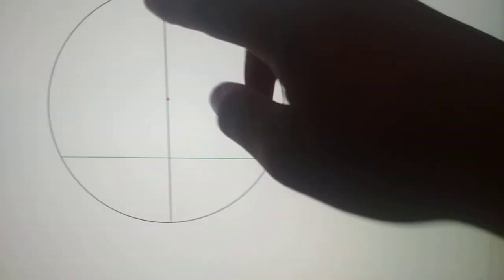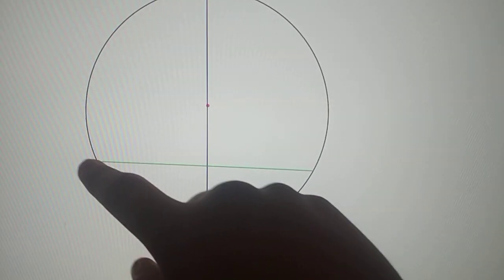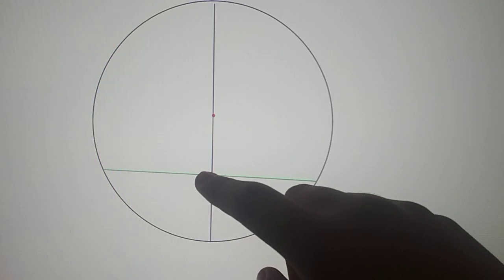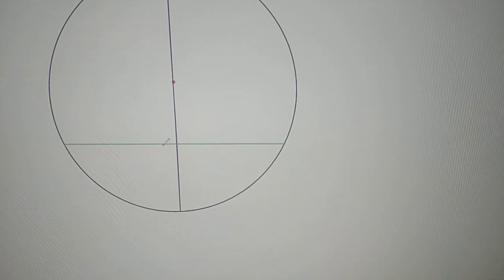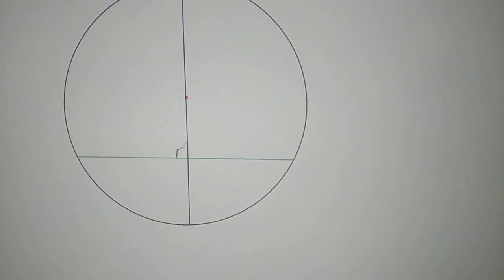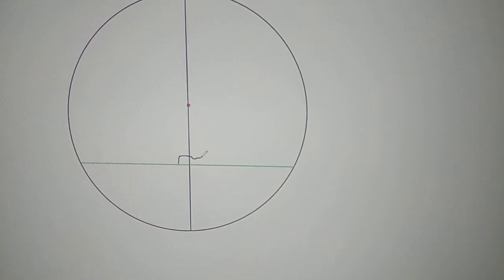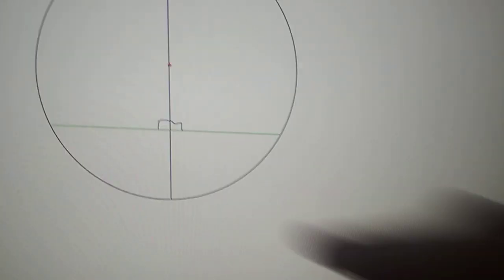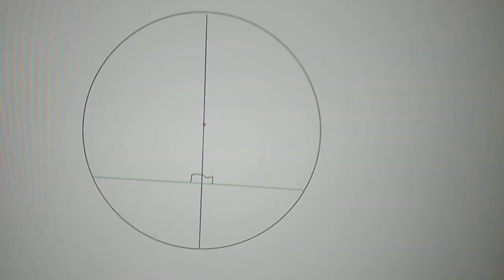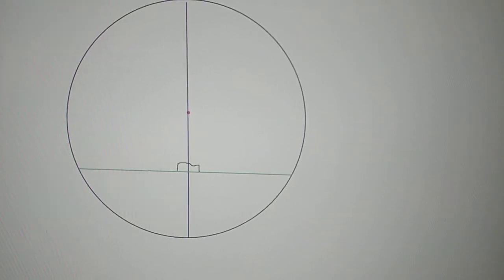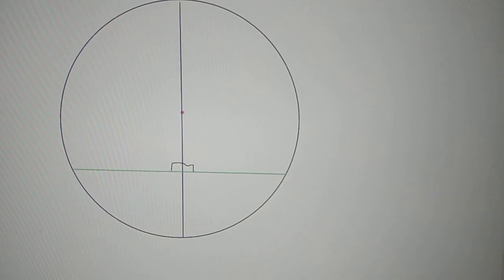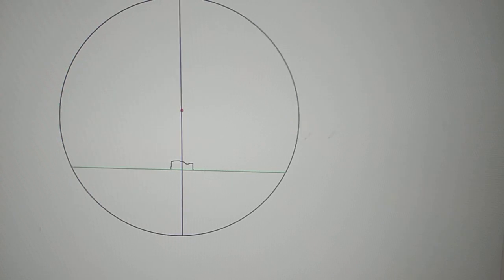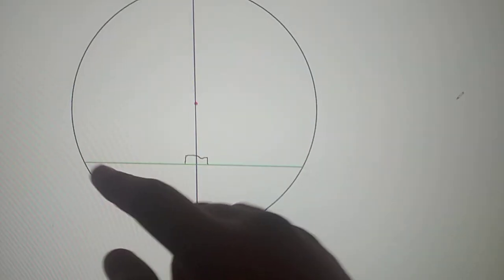So we have the same thing here, a line crossing through the center, falling perpendicular to the other straight line. So these two will be right angle and right angle. What we're going to do is the same thing as the other one: we're just going to connect this point with this point and this point with that point.